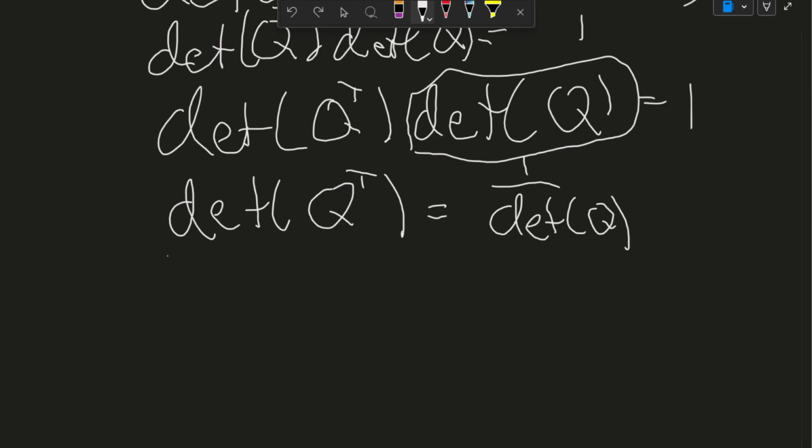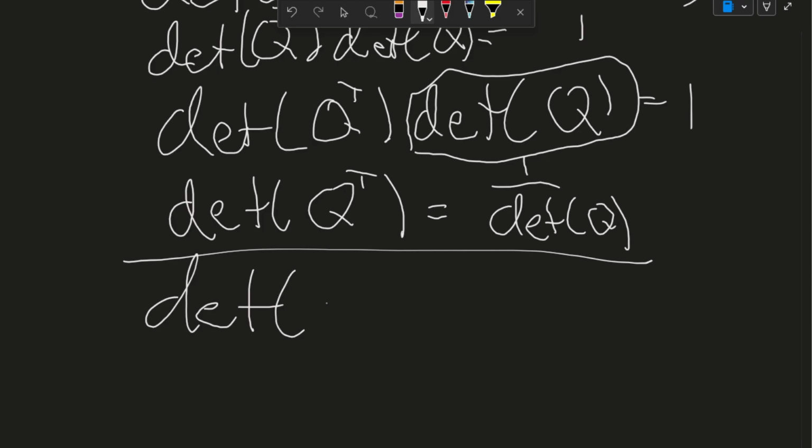Let's think about what the determinant of Q can be. Sorry, I went off script for a bit.